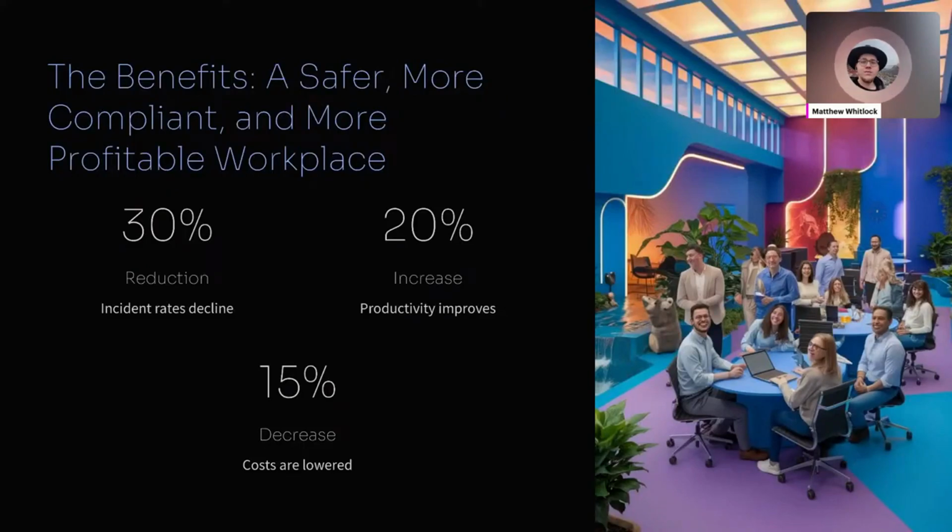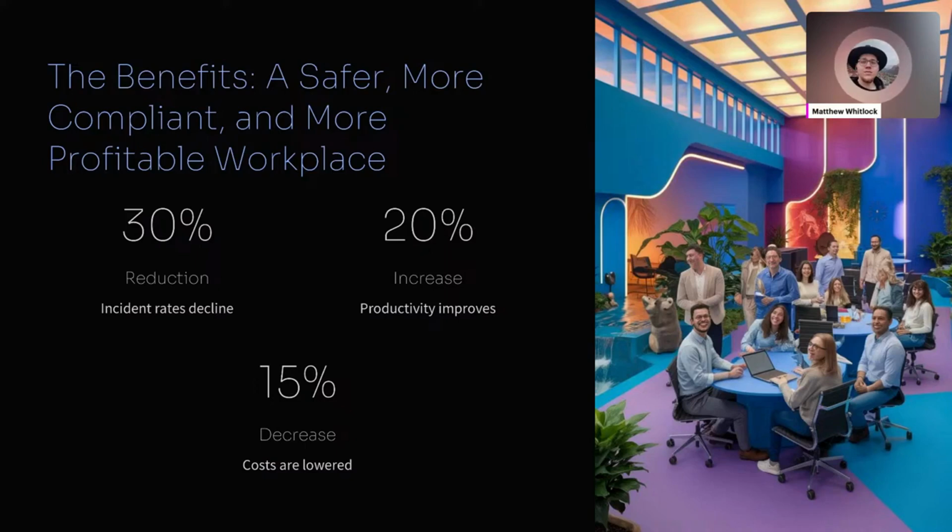And there's a bunch of benefits we've seen. As incident rates decline, your productivity will improve because people aren't out of work as often for injuries. Overall culture will increase, and the mental health of employees will also increase because they're not as worried about getting hurt. And we, of course, want employees to want to come to work.